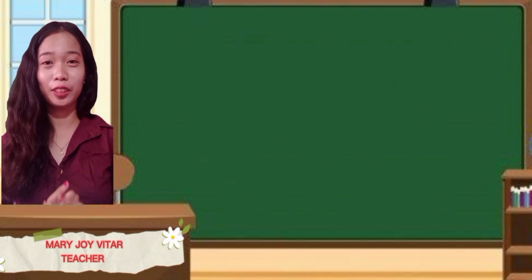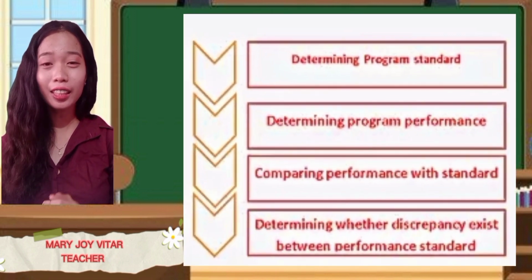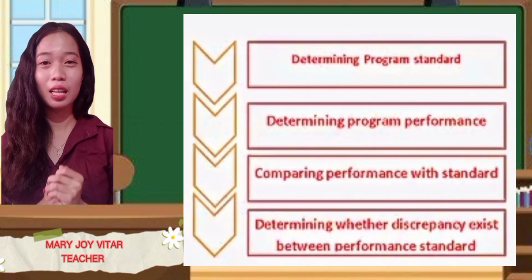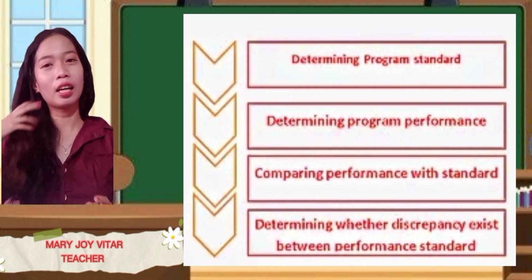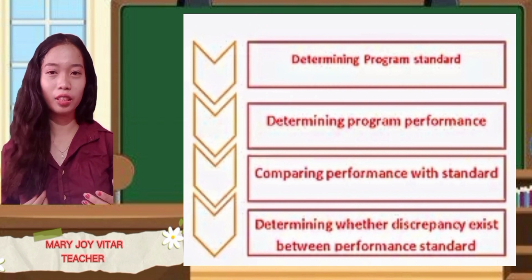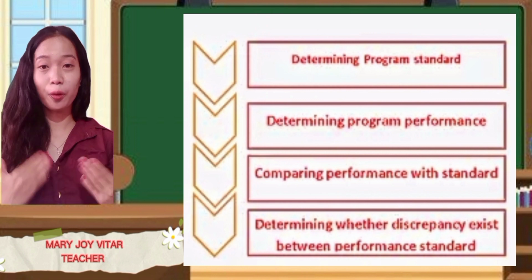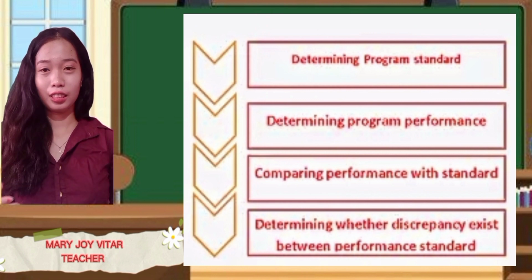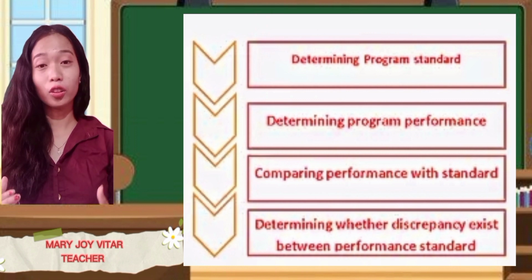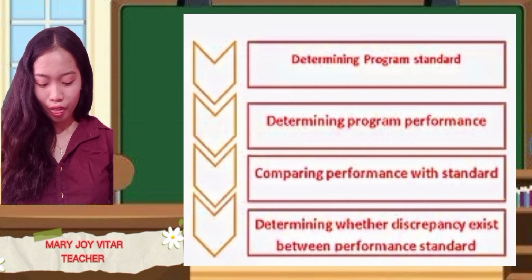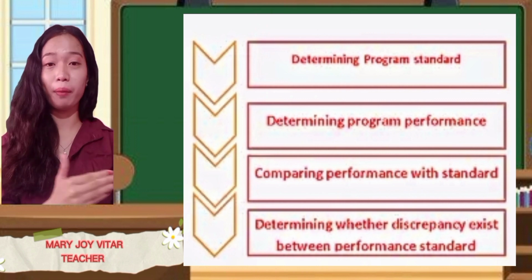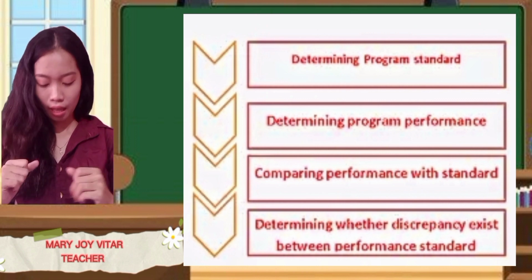Take a look at your screen and observe the target or the goal of this model. The first goal is determining the program standard. Next is determining the program performance. Third is comparing performance to standard.